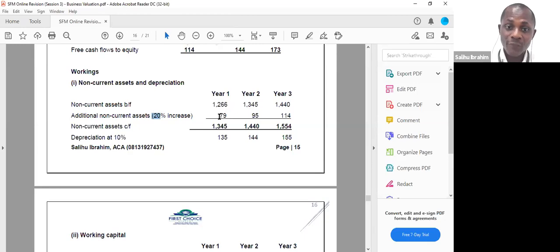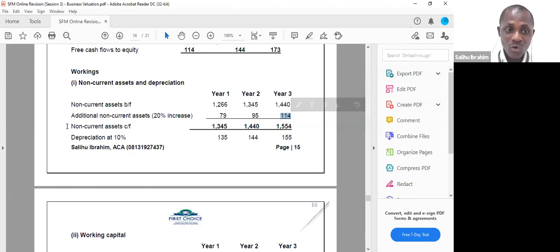So 120% of 66 gave us this 79. 79 plus 1268 will give us 1345. This becomes the opening balance here. The addition here will increase by 20%, that is to 120%. 120% of 79 will give us 95. Do the same thing. Closing balance in year 2 becomes opening balance in year 3. 120% of 95 is 114.